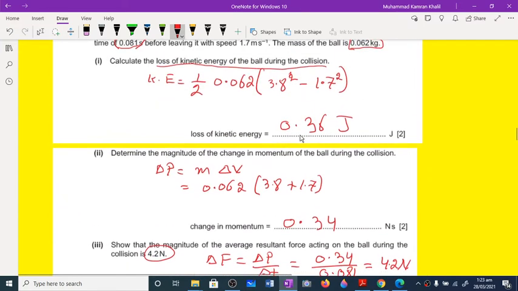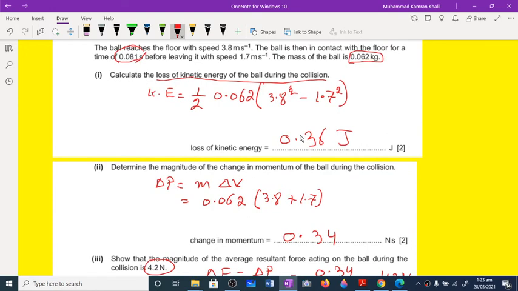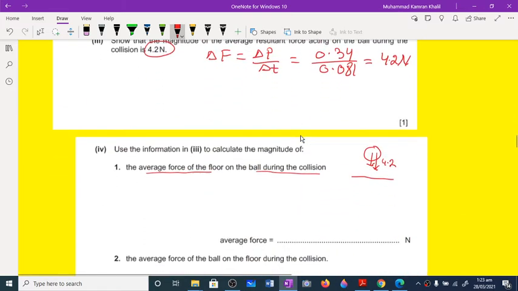So what is the weight of the ball? The weight of the ball is not given, but its mass is given, 0.062. So what is the total force acting on the ball from the floor? We will find the total force.